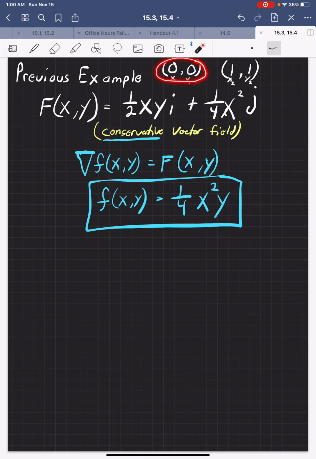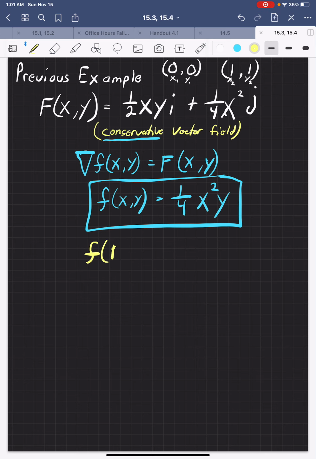Remember, we were moving from one point to the next, from 0, 0 to 1, 1. Just remember how you could do f of x sub 2 minus f of x sub 1, kind of back in single variable calculus. What we're going to do is, let's just notice something.